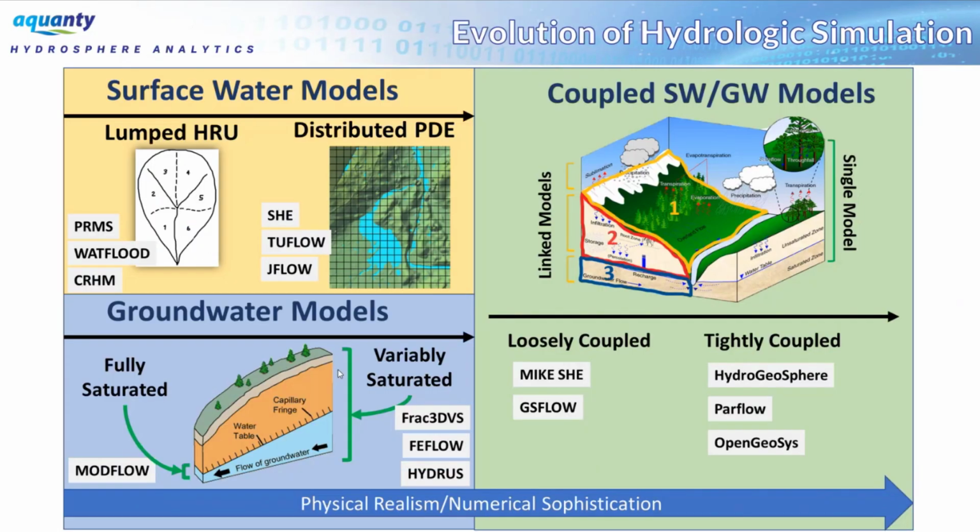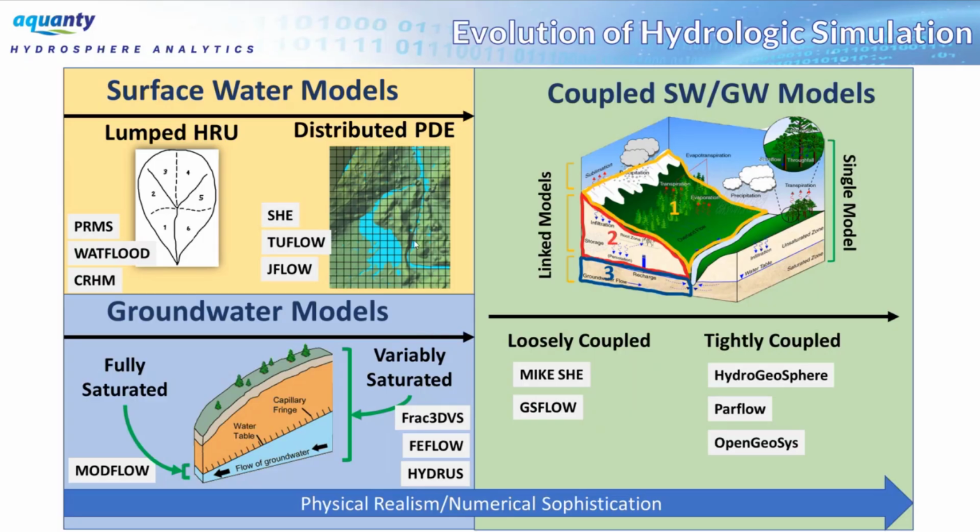This slide shows the landscape of what different types of hydrologic models can do. Up at the top left, we have surface water models, and at the very far left, the simplest representation of surface water flow systems, lumped HRUs, or hydrologic response units. These are essentially statistical models, and they're not really what I have in mind when I talk about a model.